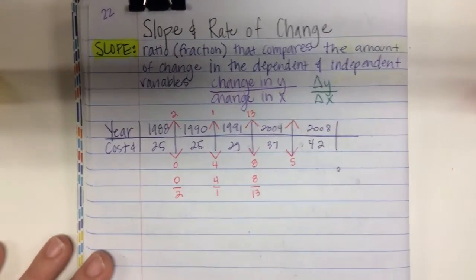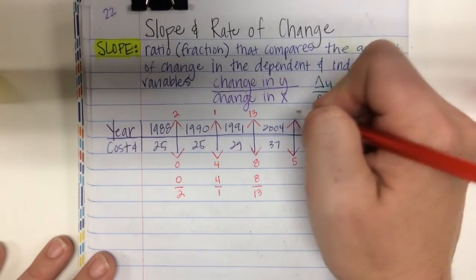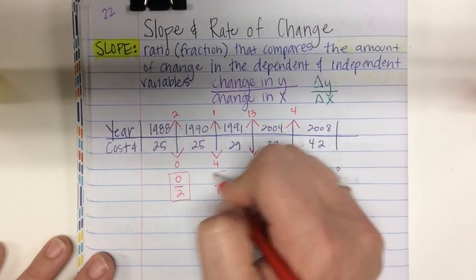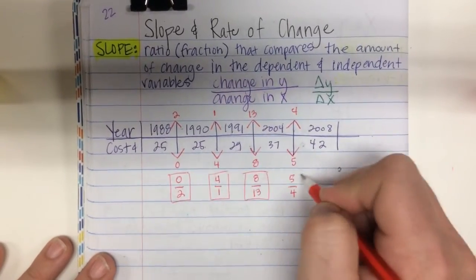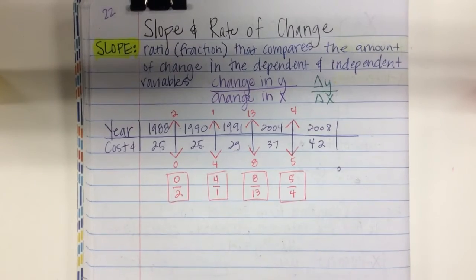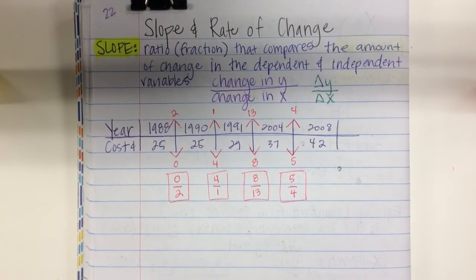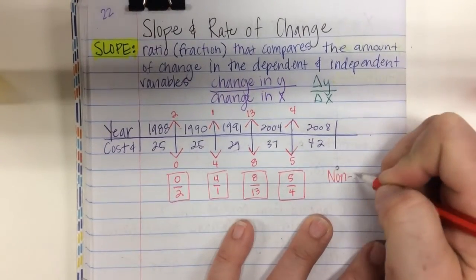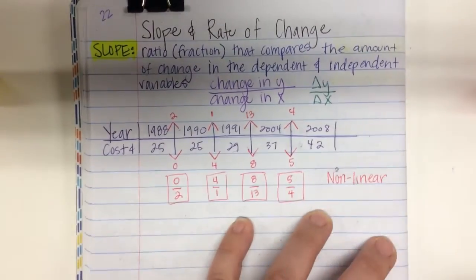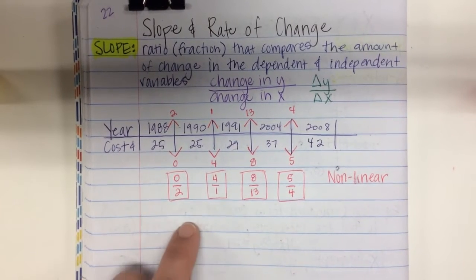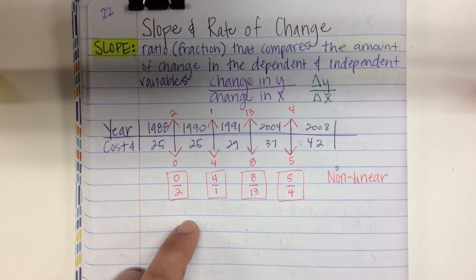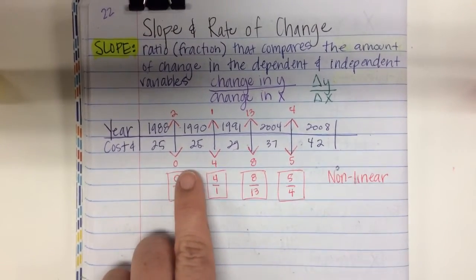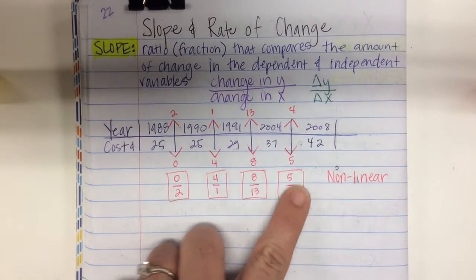And from 2004 to 2008, 4. These are my slopes. Is this linear? No, it's not linear. Why is it non-linear? Yeah, the rate of change is not even every time. If it was going to be linear, all of these rates of change would be equivalent, and they're not.